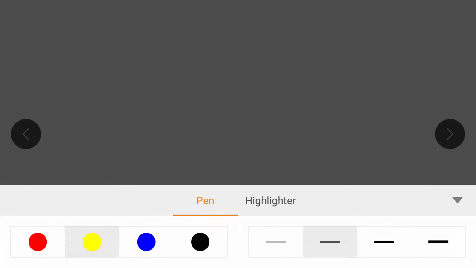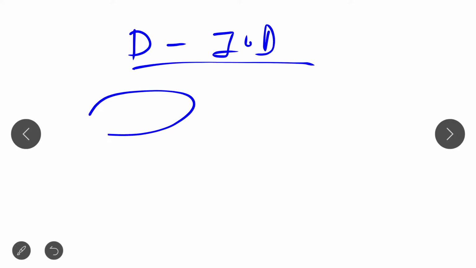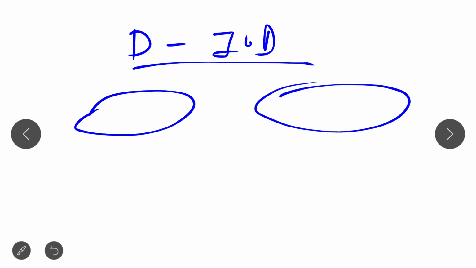Now the second type, dipole and induced dipole. In this case, one molecule contains a dipole moment, that is plus minus charge, and one molecule does not contain any charge.